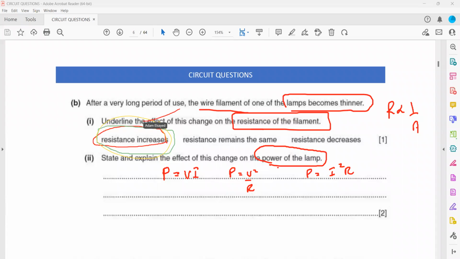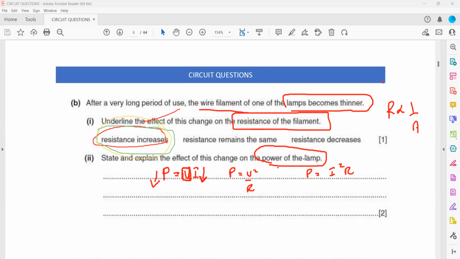Because the resistance of the lamp is increasing, the current will decrease. Voltage is the same because they are connected in parallel. As the resistance increases, the current decreases, and as the current decreases, the power of the lamp will also decrease.